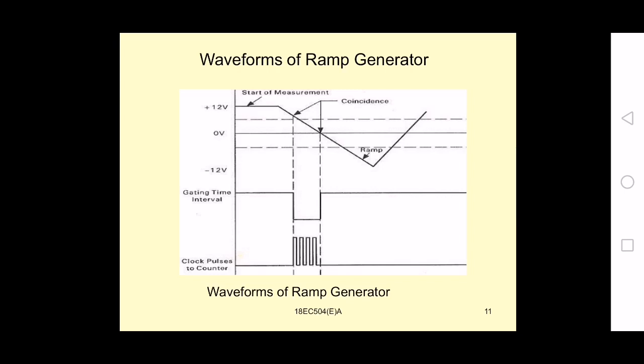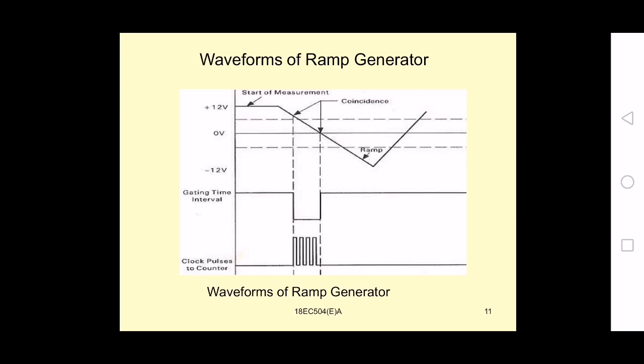At the start of measurements, for our measurement purpose, it is constant. Then we are starting our ramp signal. At this level our ramp signal is starting, so it is continuously decreasing with time.